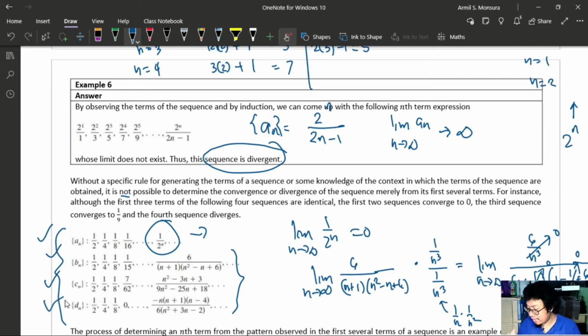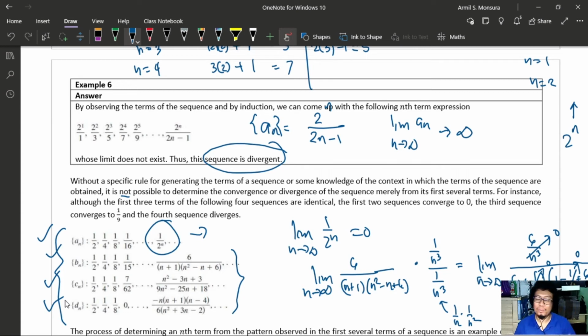But the main idea here is that, given the first few terms of a sequence, and without any idea on the context behind the sequence, you may encounter difficulties in finding the general term or the nth term of the sequence. So one way to work on this is to be really familiar with how the sequence is generated.